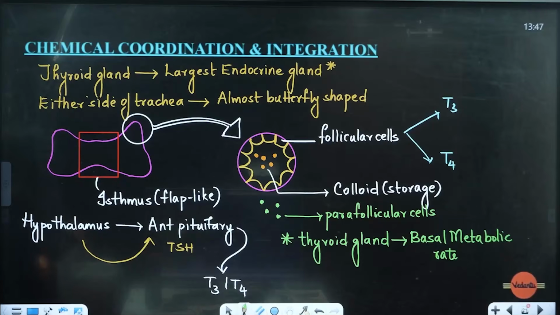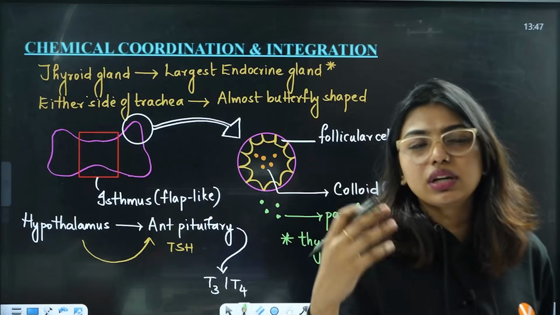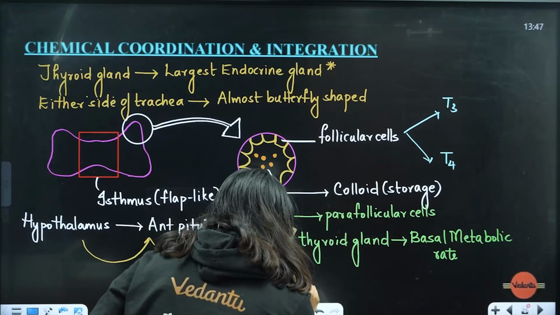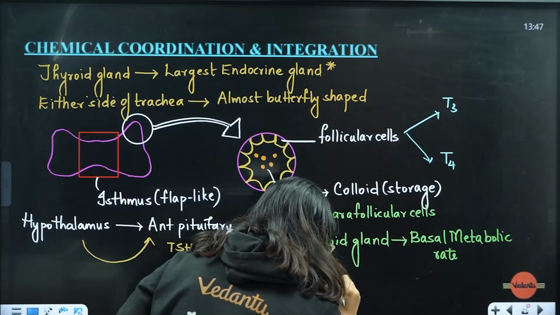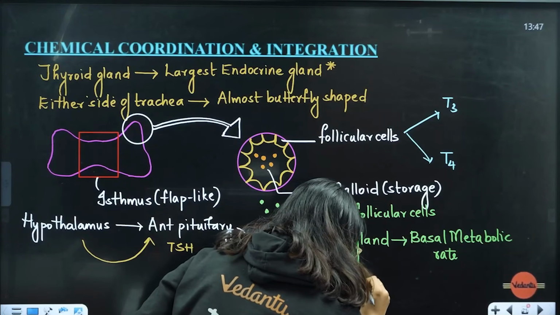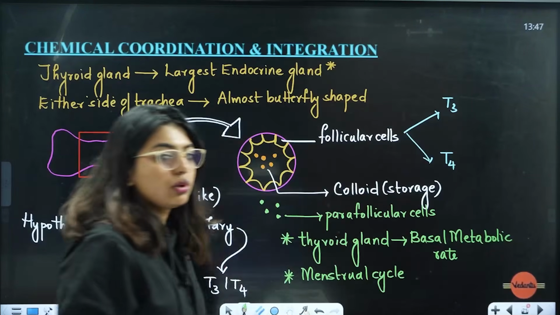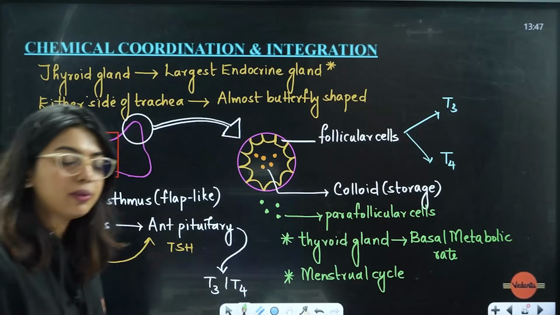So the major function is basal metabolic rate, increasing temperature; there is also growth and the menstrual cycle. But this is the most important, and in women it is important. It will change the menstrual cycle. The menstrual cycle will become irregular if the thyroid hormone does not regulate properly. Understood, no?